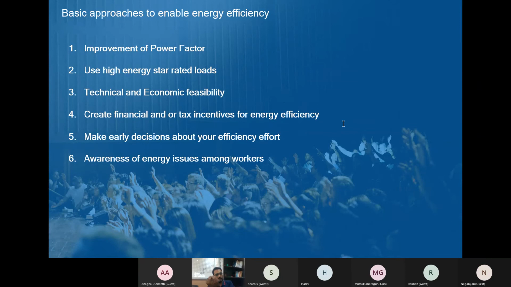So we'll see some of the basic approaches to enable energy efficiency, that is improving the power factor. Power factor improvement is necessary to conserve the power. Power factor is in the range of 0 to 1, that we already learned from the previous sessions.